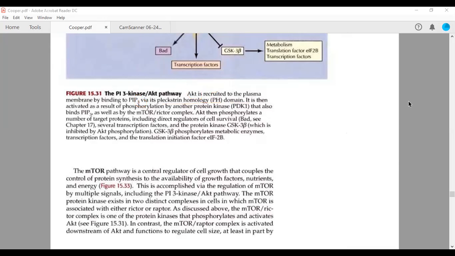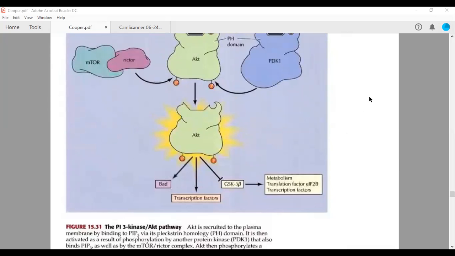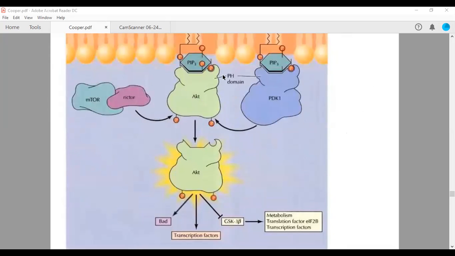Okay, I'm telling you, what is the importance of this PH domain? The proteins which have this PH domain, for example this protein kinase B or AKT protein, or this PDK1 protein kinase, are able to bind PIP3.